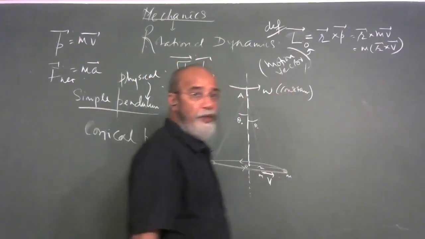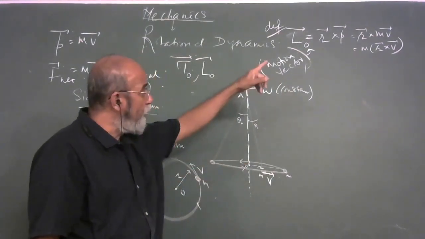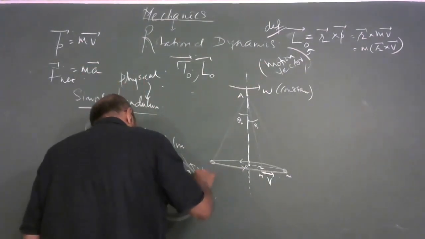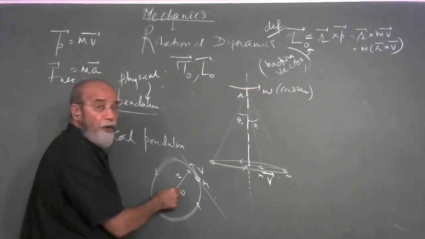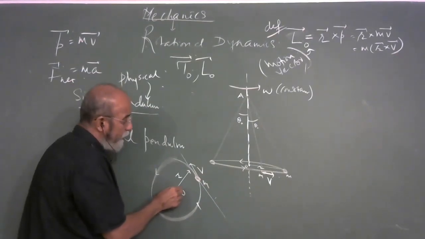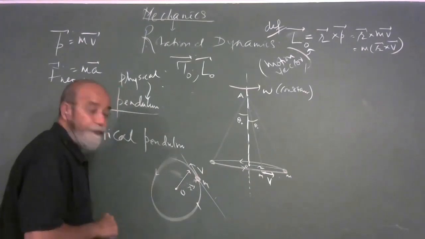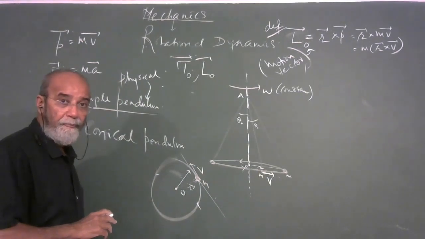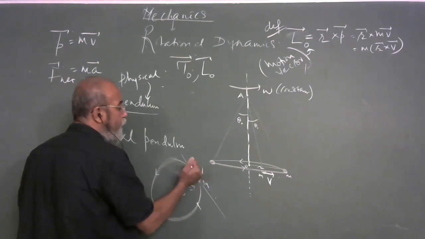Let us find out first the angular momentum vector, L about O. Definition is r cross mv. R is from the reference point to the position. R cross v.